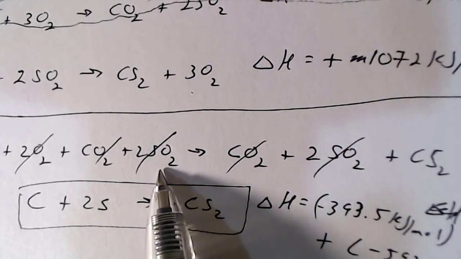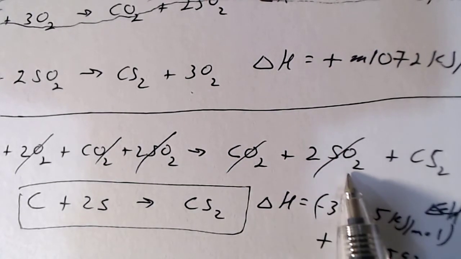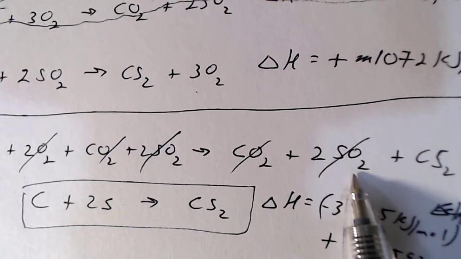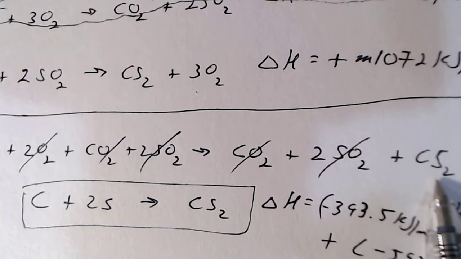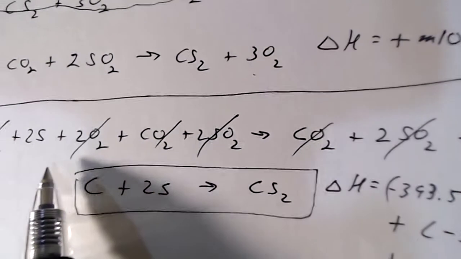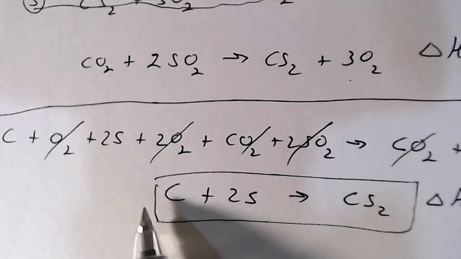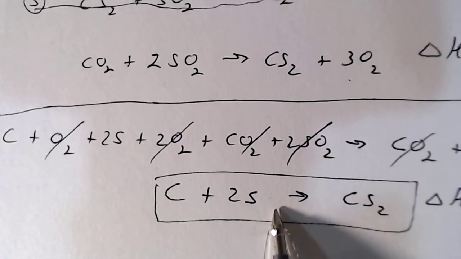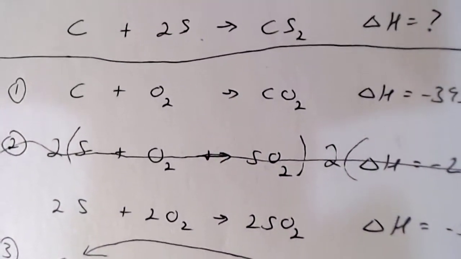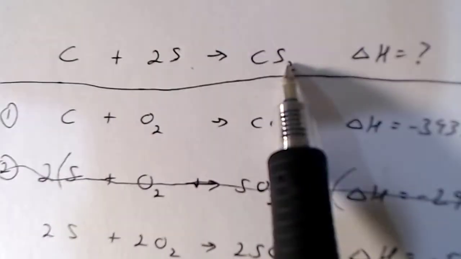They'll cancel. 2 SO2s on the left, 2 SO2s on the right. They'll cancel. So all that's left now is CS2 as a product and carbon as a reactant and 2 sulfurs as reactants, all written here. That is the desired equation.